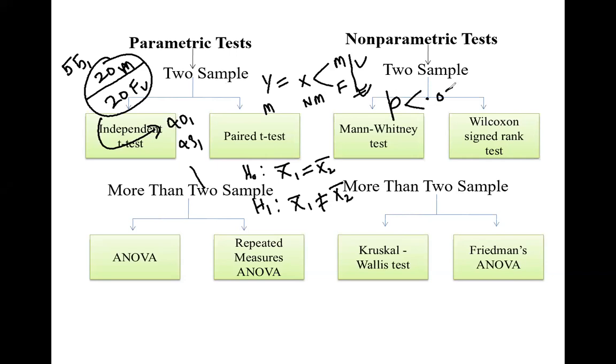If the p-value is less than 0.05, it means there is a significant impact. If the p-value is greater than 0.05, it means there is no significant difference. Both are getting equal salary. So for testing the hypothesis, to check the significant impact, our p-value should be less than 0.05.